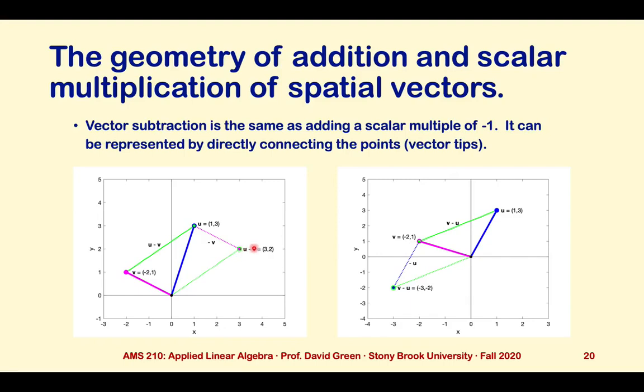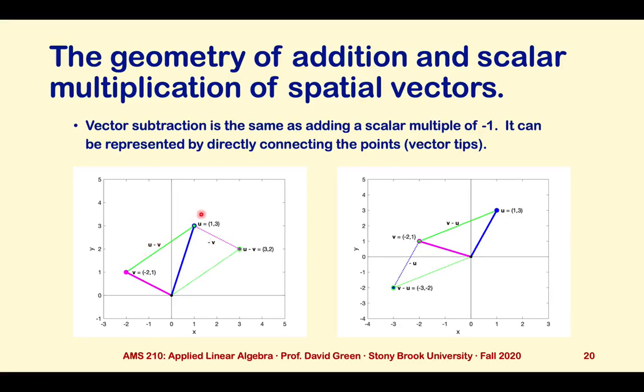One way we can get to that point is by taking u and adding the line negative v. Right? That would take us to this point. But another way of getting that same line is to directly connect the heads of u and v. If we go from v to this point u, we get the value u minus v.